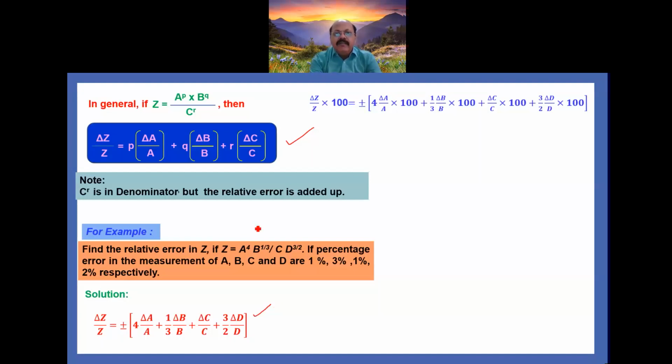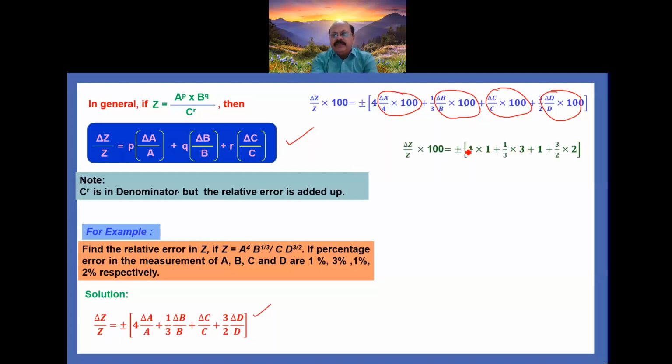And the values of delta A upon A into 100, delta B upon B into 100, delta C upon C into 100 and delta D upon D into 100 are given. That is 1%, 3%, 1% and 2% respectively.